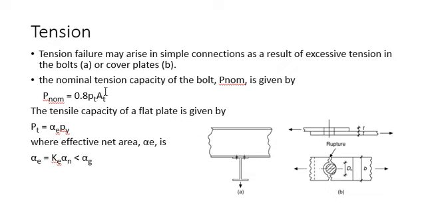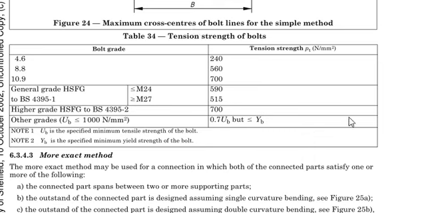And At is the tensile stress area of the bolt. So pt, let's see it in the code. We have the tension strength of the bolt in Table 34. Depending on the grade of steel, we have the respective tension strengths of the bolt.